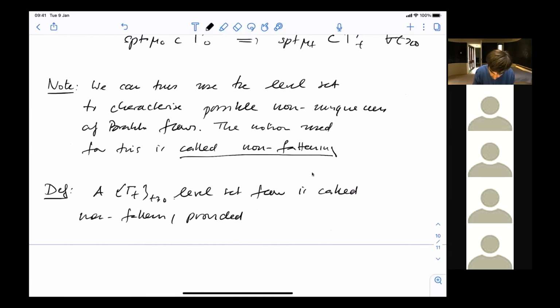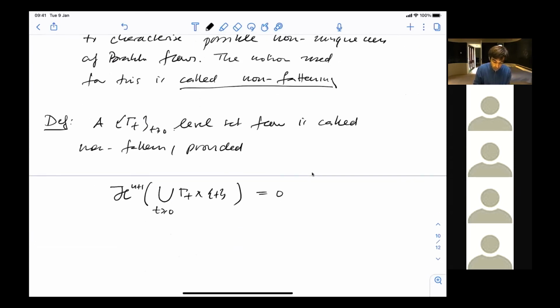You take Gamma_t cross t, and look at the space-time track of this level set flow. So you take the union over all positive times. This is a subset of R^(n+1) cross R, and now you ask that the (n+1)-dimensional Hausdorff measure of this is 0. Okay, so that's rather weak. So this is our initial one, and then we look at all these ones stacked on top of each other.